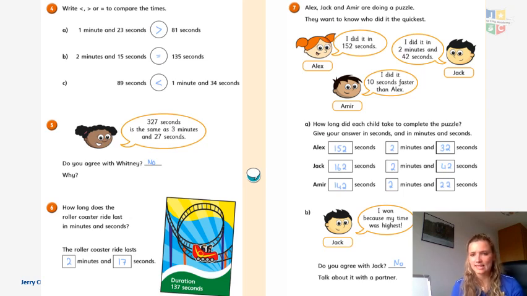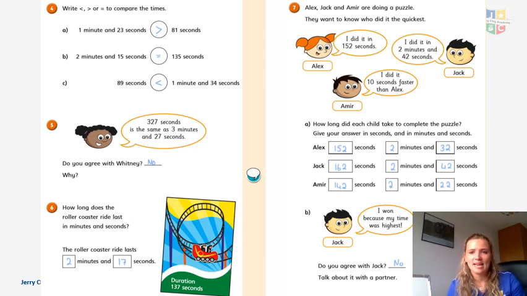Now remember, there's 60 seconds in a minute, so in 2 minutes there's 120, add 42, which is 162 seconds for Jack. For Alex, we already know his seconds, so we've got 152 seconds. So we want to know how many lots of 60 go into it. 60, 120, so I've got 2 minutes, and I want to know how many more seconds from 120 to 152, which is 32 seconds.